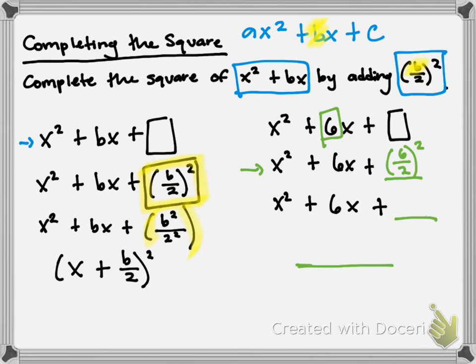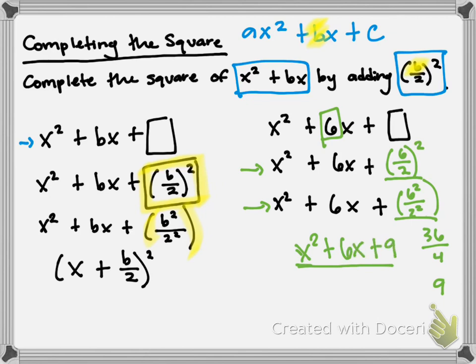All right, that's x squared plus 6x plus 6 squared over 2 squared. 6 squared is 36. 2 squared is 4. 36 divided by 4 is 9, right? So my final answer here, I would get x squared plus 6x plus 9.